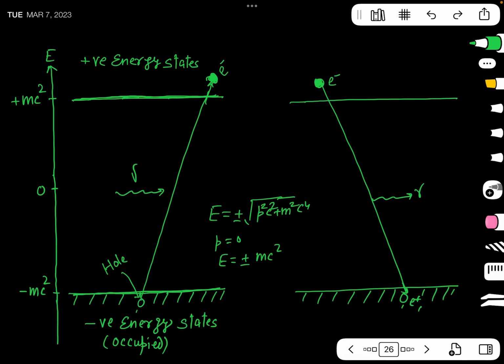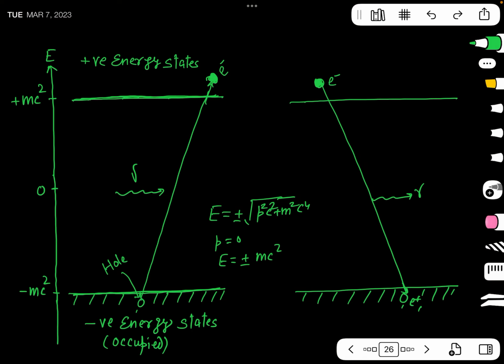It means if you try to provide energy to the electrons in the positive energy state to get a transition from positive energy state to negative energy state, that will not be possible, because the negative energy state is completely filled. So according to Pauli's exclusion principle, no electron from any energy state can be transferred to this negative energy state. Okay.